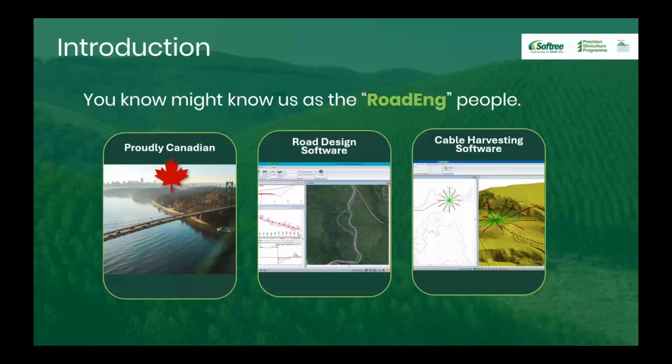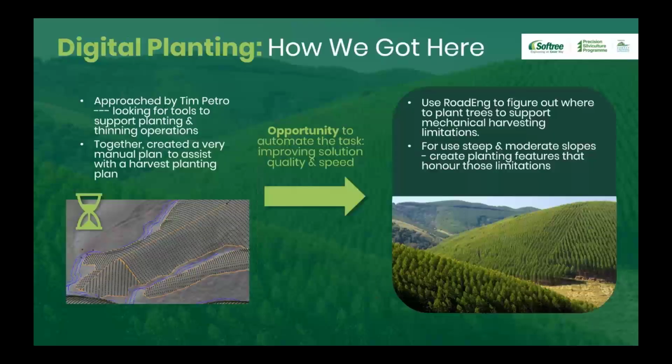Well, we're pivoting into a slightly new space, which is digital planting. And I wanted to take a moment to acknowledge how we got here. We were approached by Tim a while back as he was looking for tools to really support planting and thinning operations.